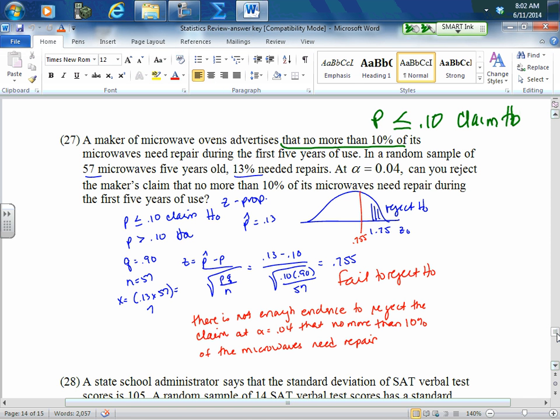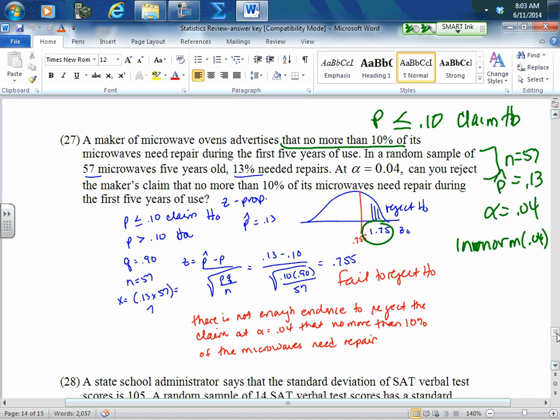In a random sample, here's your information. You have 57 microwaves. You have a p hat of 0.13 at a level of significance of 0.04. Okay, 0.04, that helps us find this. Inverse norm, 0.04. When you put this in, it will say negative 1.75.